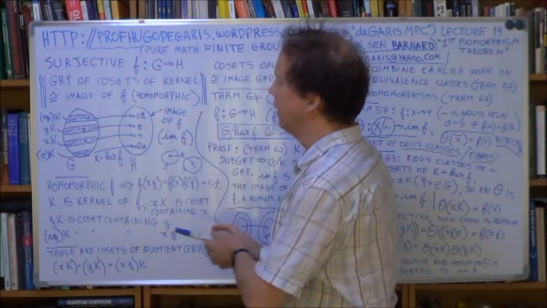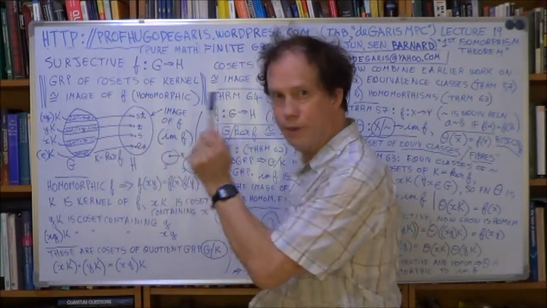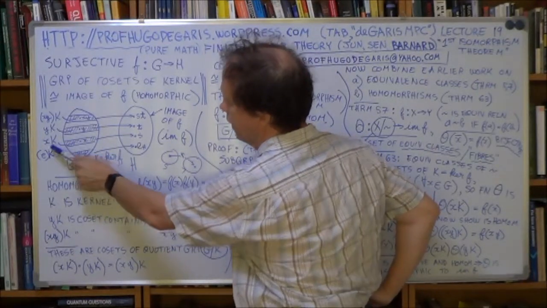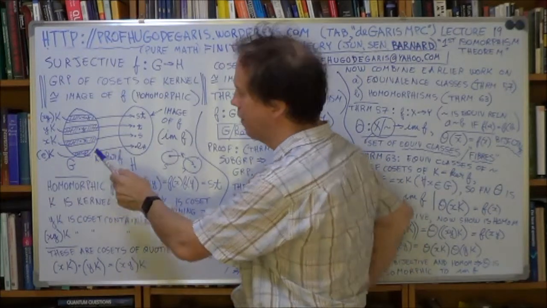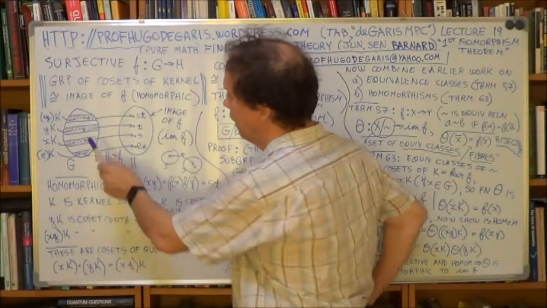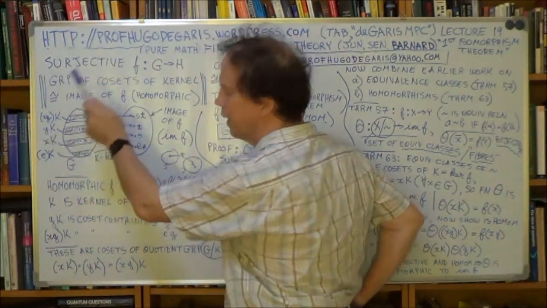Now, f is a homomorphism, right? So we've got this coset xK. Remember, if X belongs to a coset, that coset is xK. That was one of our theorems. And if y belongs to this coset, it is yK.